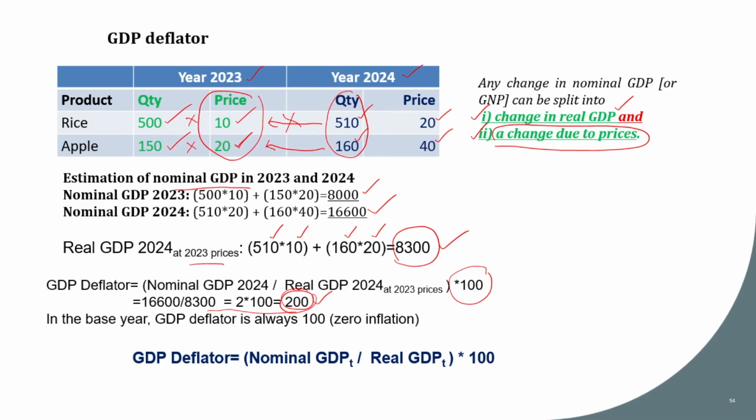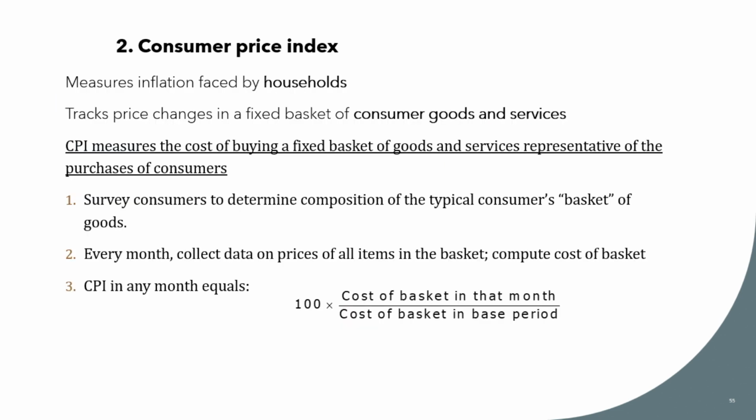When you look at the individual prices in 2023 and 2024, you can see that the prices have doubled. It has increased 100 percent. So using the formula, nominal GDP divided by real GDP, the value you get is the measure of inflation. This is one of the broadest measures of inflation, called the GDP deflator.